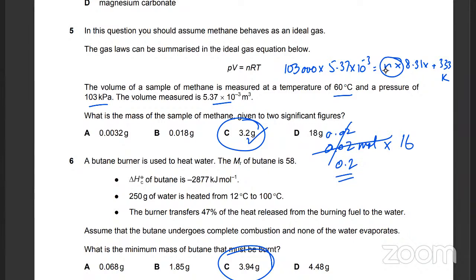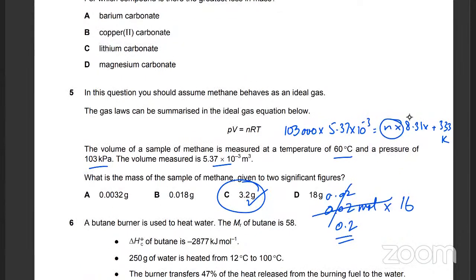Can you check the markings? It's C. You're getting 0.2 for this. Yes, I'm pretty sure you're getting 0.2 for this.